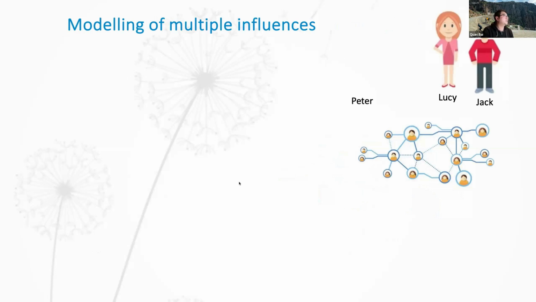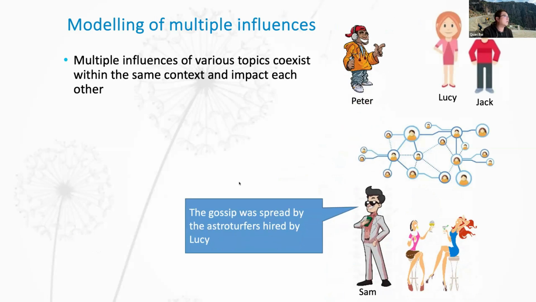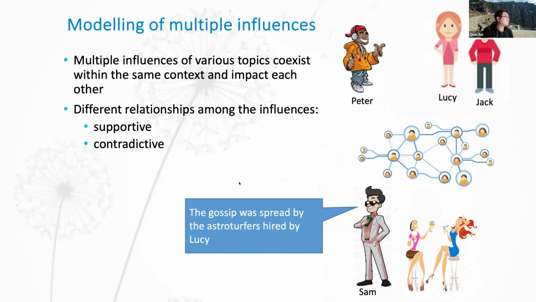So we started to propose a model called multi-influence propagation. We have an inspiring example here, but maybe I don't have enough time to go into great detail. One motivating example is that we found in the real world there are organizations, or maybe some individuals, who try to utilize multi-influence propagation to help them deal with emergent scenarios.